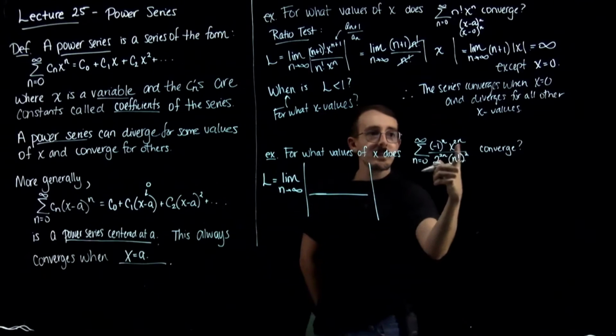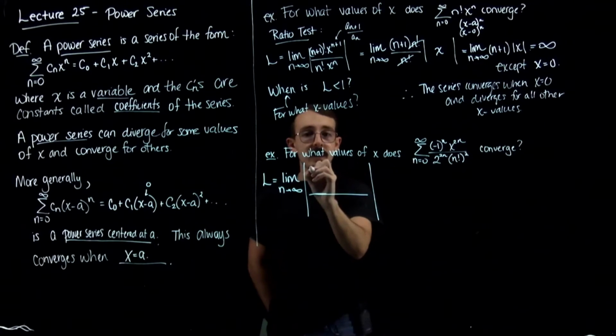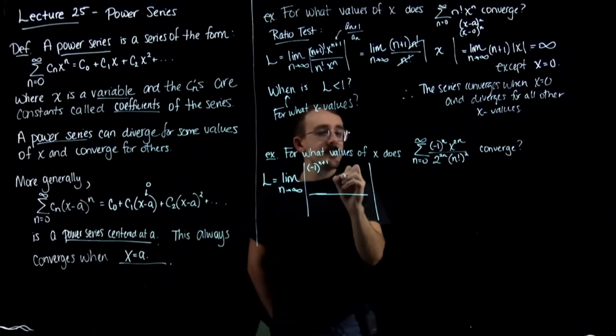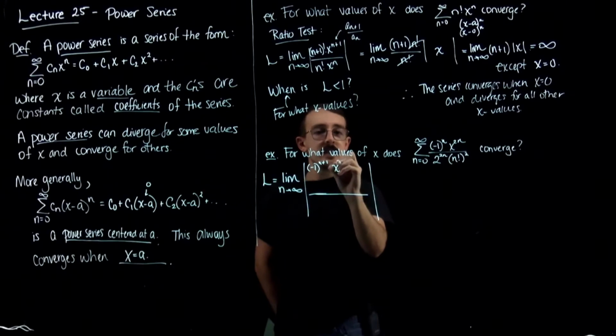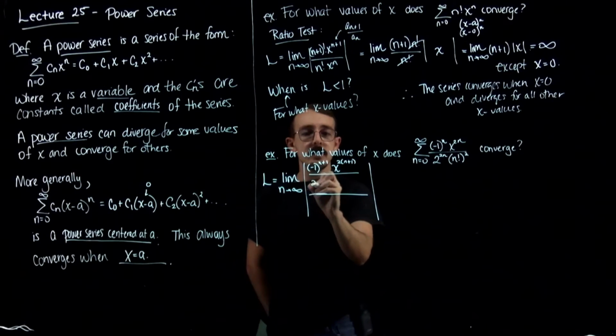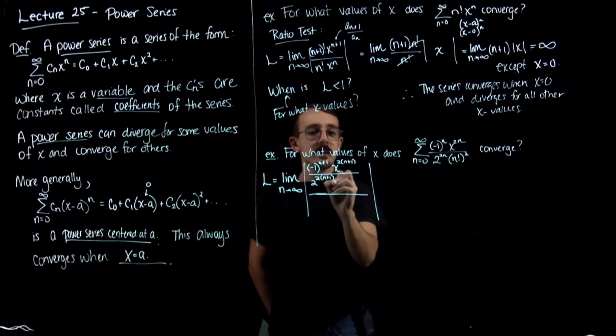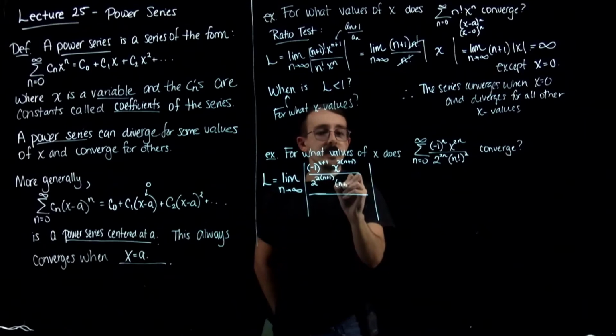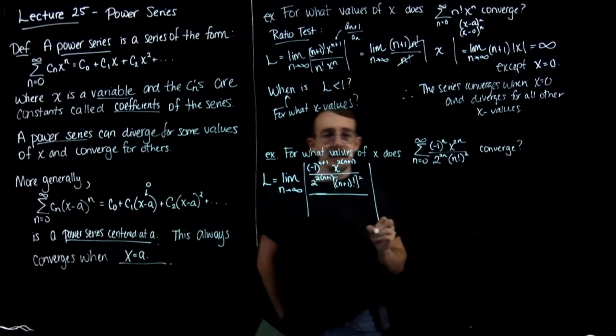So I'm going to plug in n plus 1 into all of these spots. So I get negative 1 to the n plus 1, x to the 2n plus 1, over 2 to the 2n plus 1. And then I have n plus 1 factorial all squared.